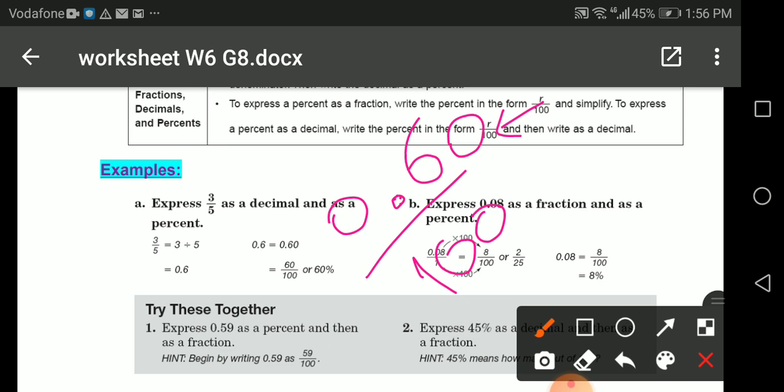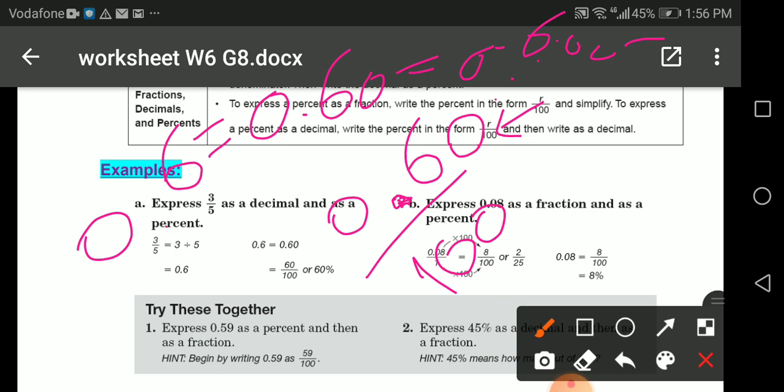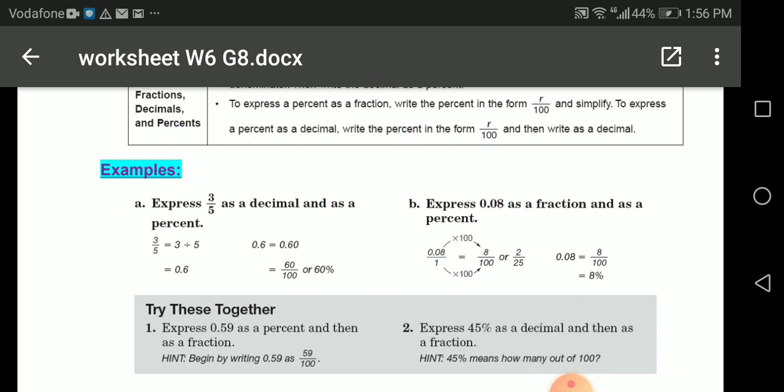Yes, of course, because after the decimal point I can add zeros whatever I want. It gives me the same value. 0.6 is the same as 0.60, equal also 0.600 and so on. So we have two zeros, so we move two decimal places. It will be 60. The answer will be 60%.